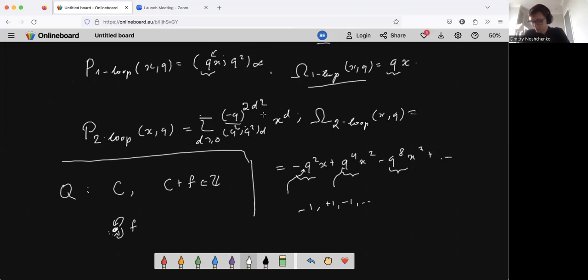So this is just some educational example, and let's just keep in mind that one can compute using recursion, term by term, the DT invariants for m-loop quivers, and I'll just make a pause.